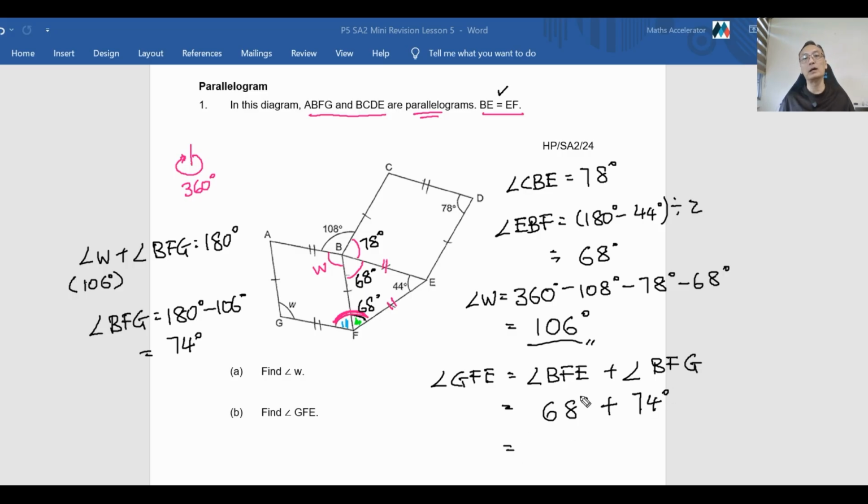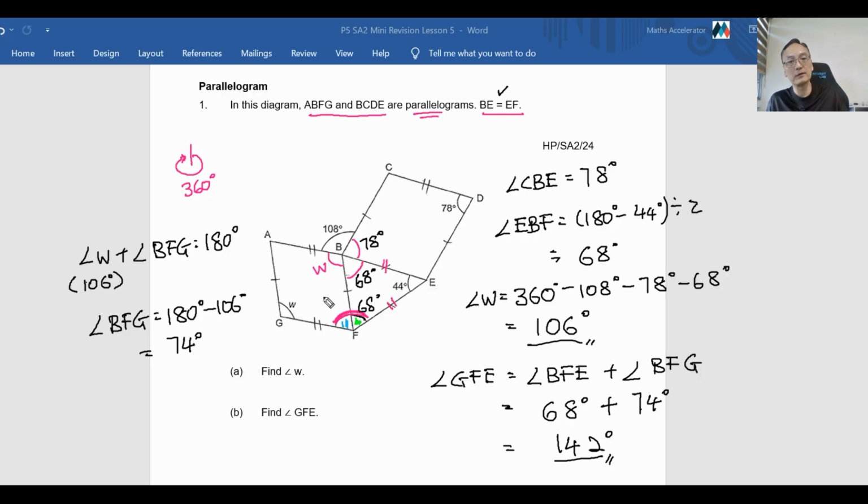So now we can combine these two together. The sum of 68 and 74 will give us 142. Right, so that is our answer. Angle GFE is 142 degrees. So this is making use of the properties of the parallelogram to help us solve this question.